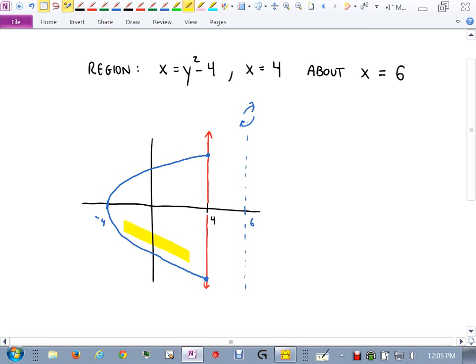That's my region. I want to rotate that about the x-axis, or not about the x-axis, about x equals 6. Y'all see it? Almost going to look like a donut. I mean, not really, but kind of like a flying saucer with a hole punched out of the center of it. Y'all see it?